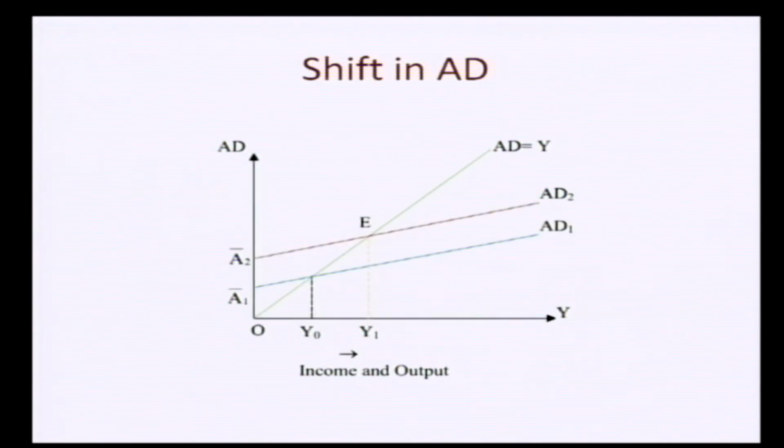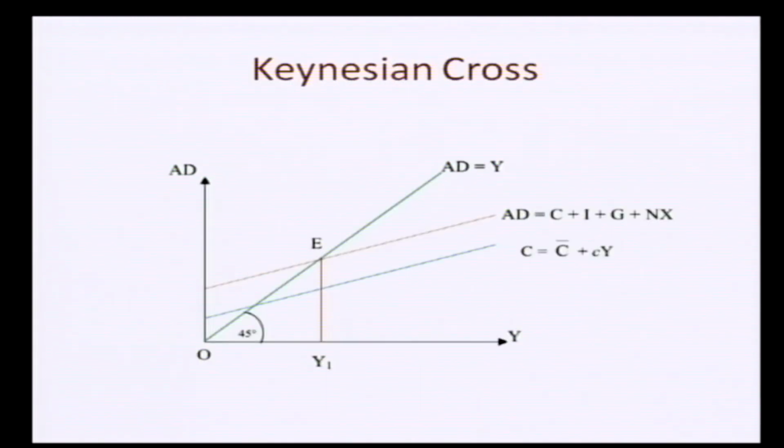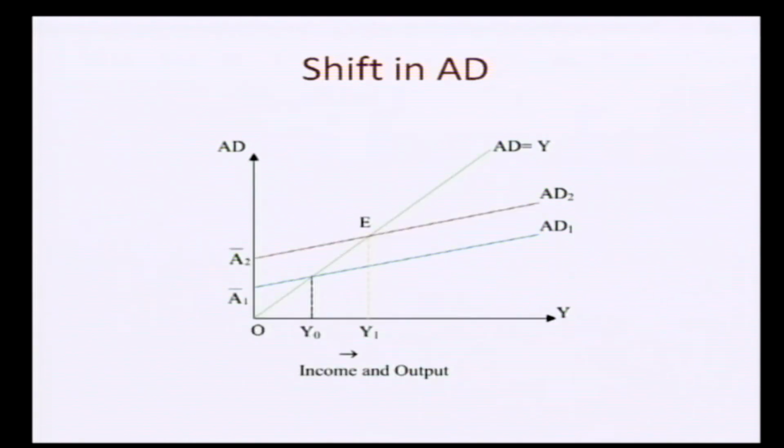Let's come back to the second diagram where we have the aggregate demand and aggregate supply. Here the economy is at equilibrium, and if the government tries to increase the level of output, then there should be some increase in aggregate demand. Let's imagine the case of the Great Depression or any recession.